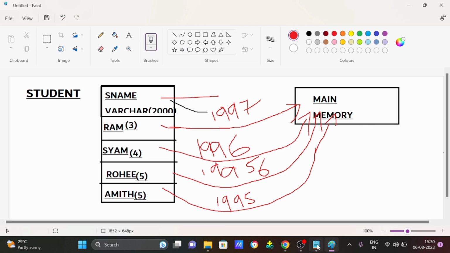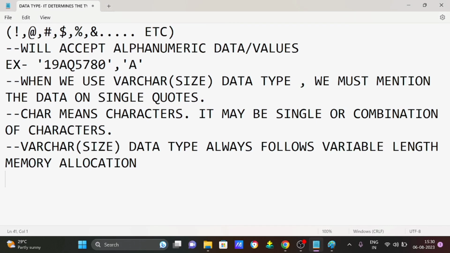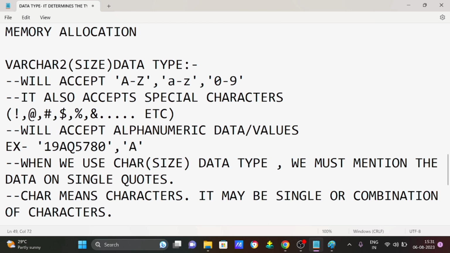Now, let's go for the next data type, that is varchar2 of size data type. Just like the previous data type, even here the same points will be repeated. It will accept A to Z uppercase and lowercase and 0 to 9 digits.